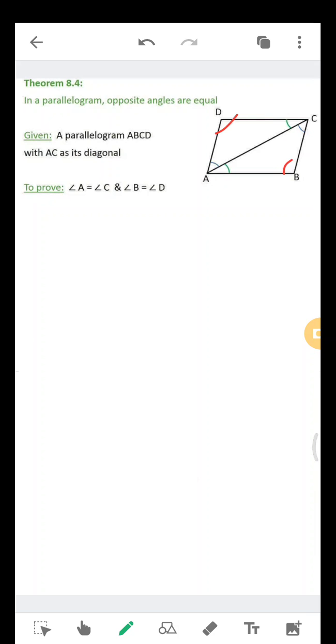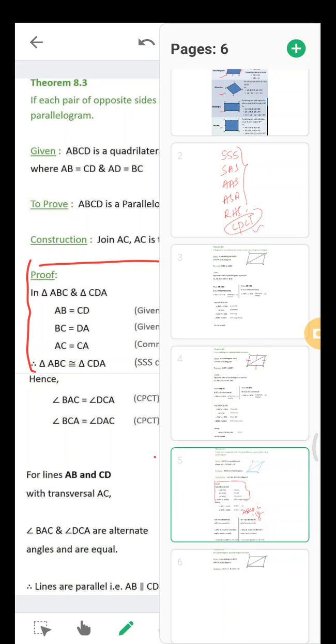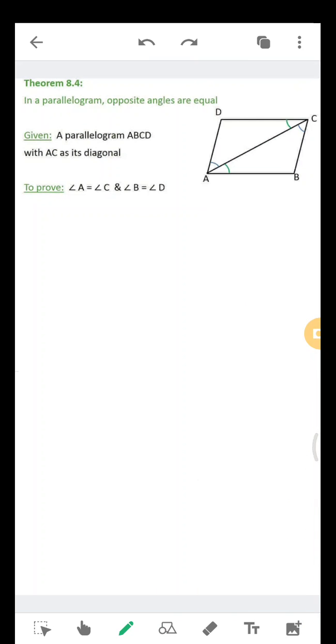Opposite sides of a parallelogram are equal, so you can prove this by the previous method again. You can use the same procedure here, copy the same steps. I can say that side AB is equal to side DC in triangle ABC and triangle ADC, because opposite sides are equal.